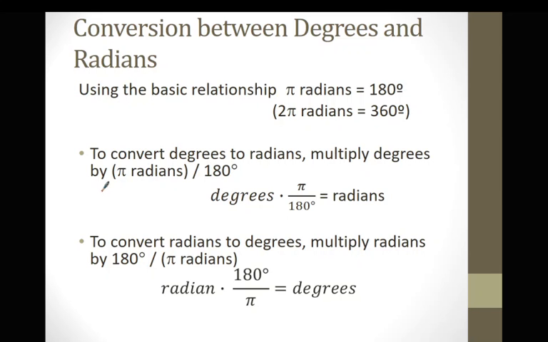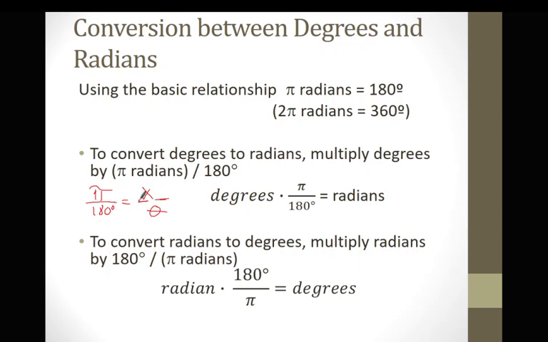To convert degrees to radians, we say pi over 180 degrees is going to be equal to whatever radian measure over 360 degrees, or whatever your angle measure is here. I'll put theta there.